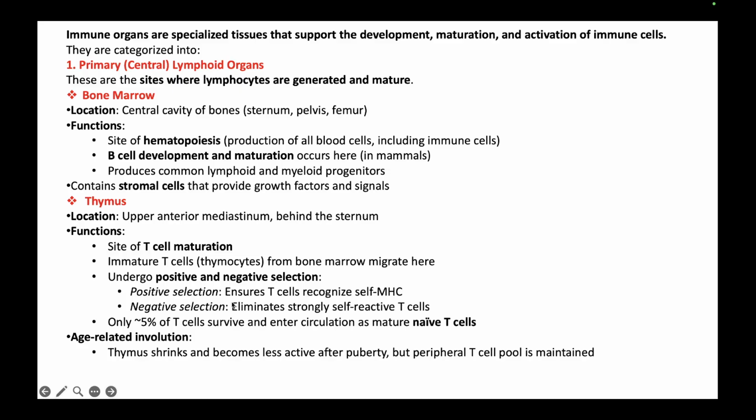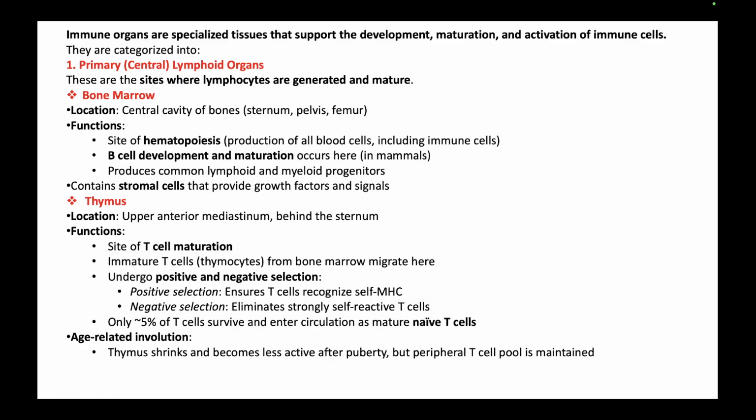Positive selection ensures that T cells recognize self MHC. In this first selection process, the thymocytes, or naive T cells, are tested on whether they can recognize the MHC molecules.